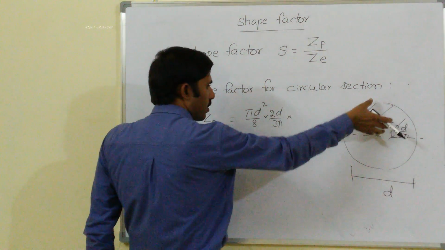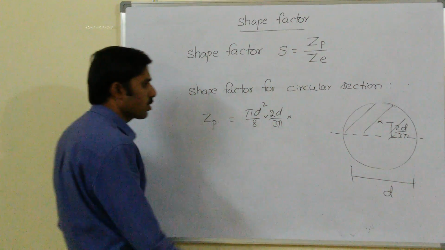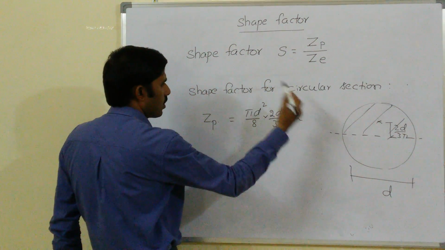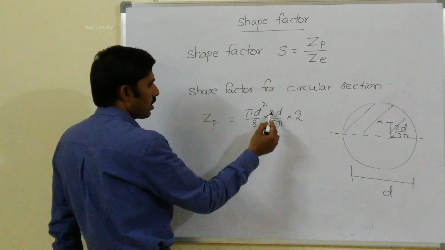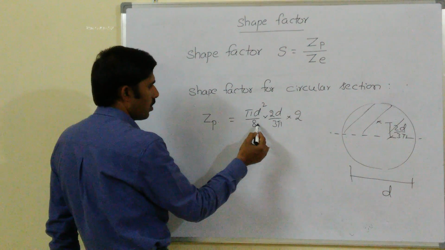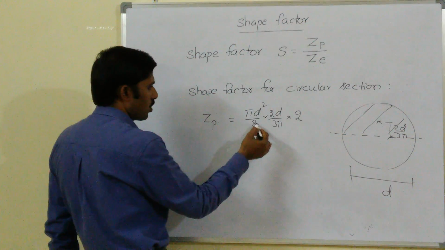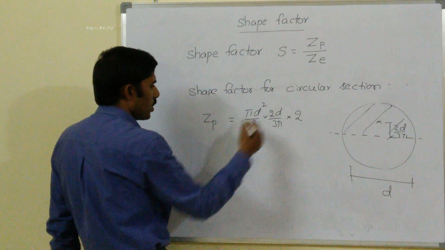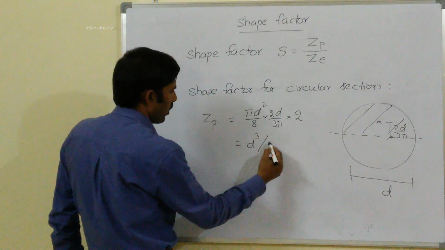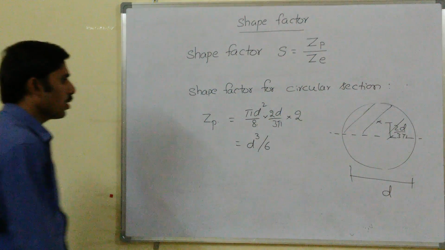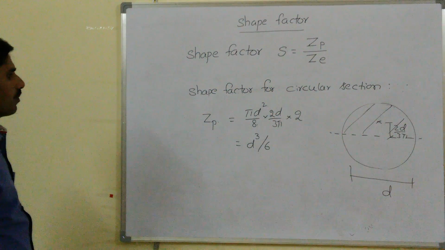Similarly the bottom area is also there, so twice of that, so we get pi and pi gets cancelled, d cube by 6. d cube by 6 is the plastic modulus for this circle.